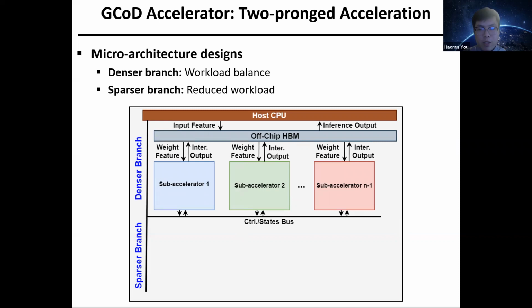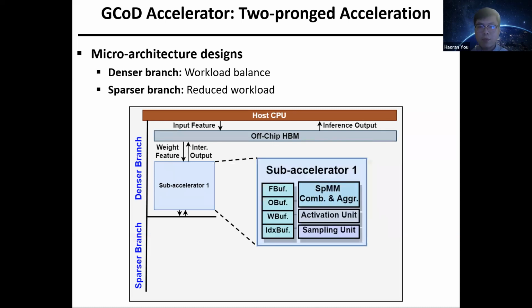Each subaccelerator here corresponds to one class and processes the subgraphs within that class, while different subaccelerators process different classes. This is because subgraphs within the same class are workload balanced and thus can be accelerated using the same subaccelerator.